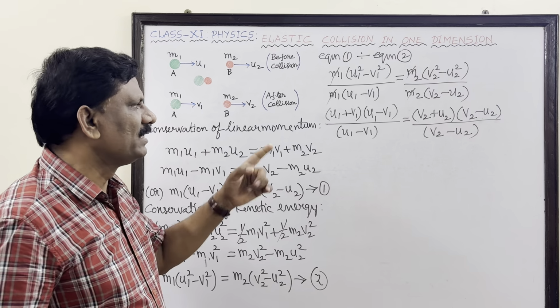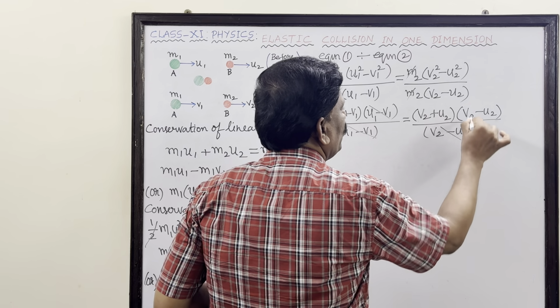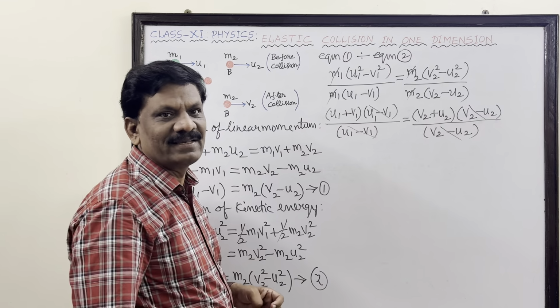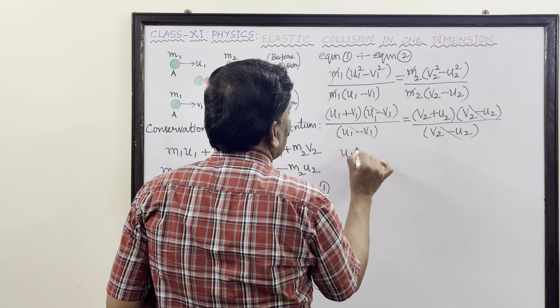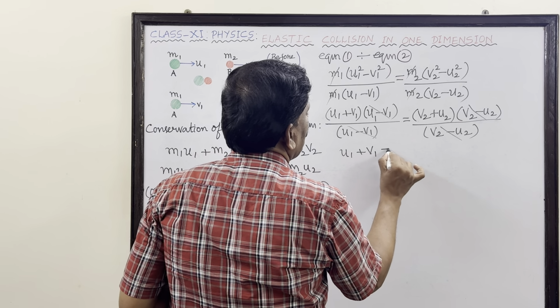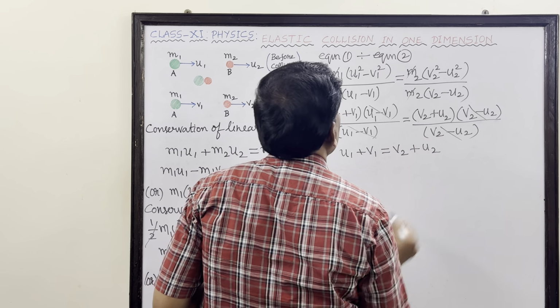Now some terms get cancelled: u1 minus v1 on the left and v2 minus u2 on the right. Therefore what remains is u1 plus v1 equals v2 plus u2.